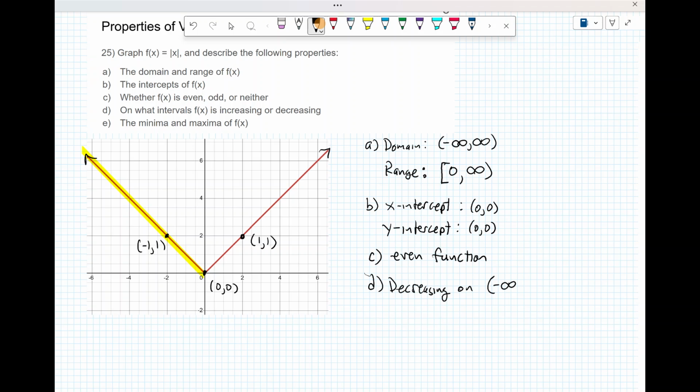So all the way as far left as you can go, it's always decreasing until we reach 0. At which point, after that, if I go left to right, my y values start to increase. So it's increasing on 0, infinity.